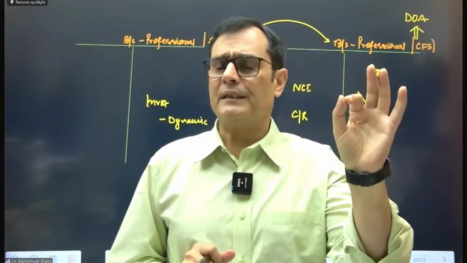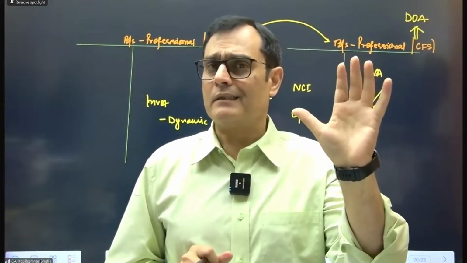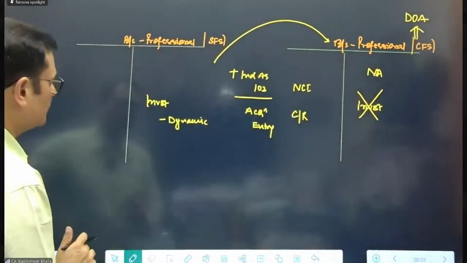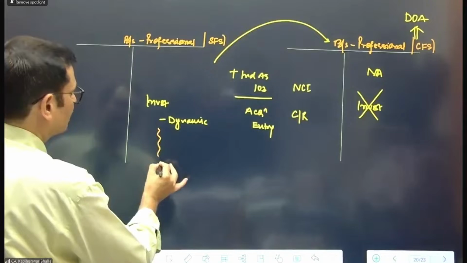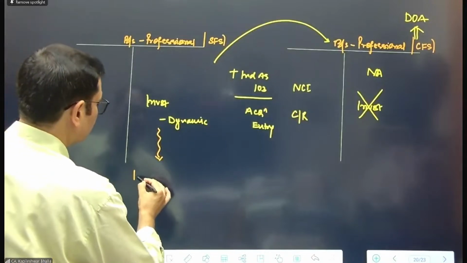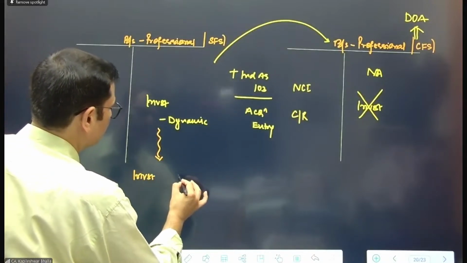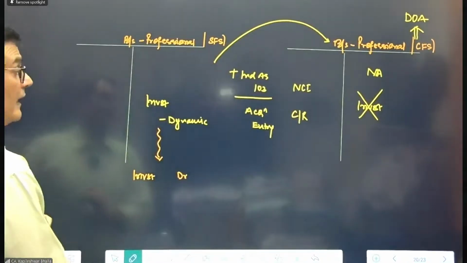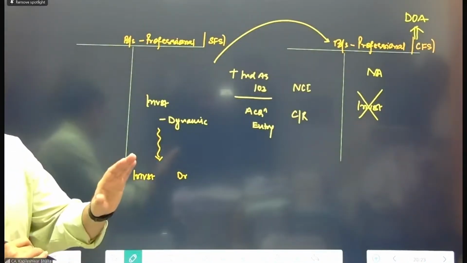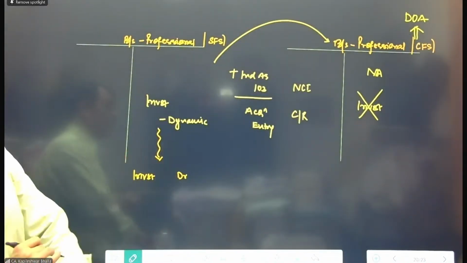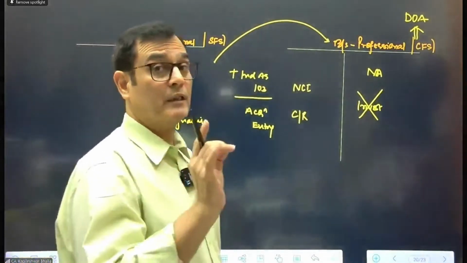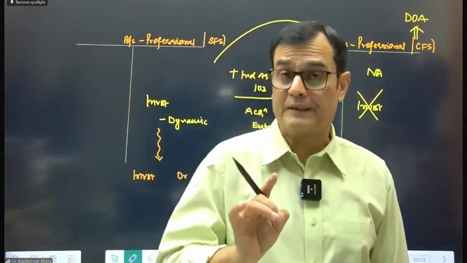So let's do one thing. Before I insert this acquisition entry, let me make an extract balance sheet kind of a thing. Can I say the entry is going to be investment debit, and what is going to be credit? I am now looking at the entry in the separate financials, so not the acquisition entry, a normal acquisition of the investment.